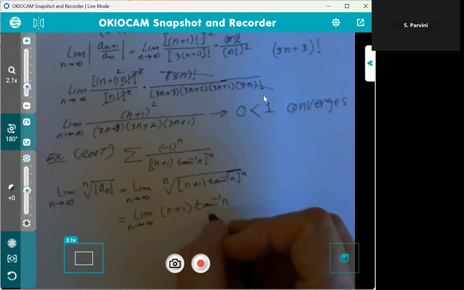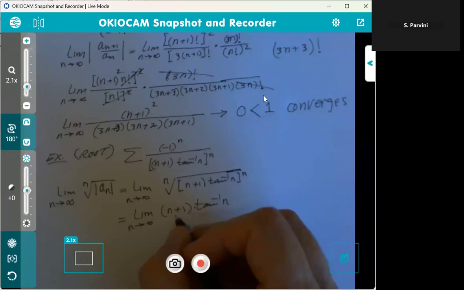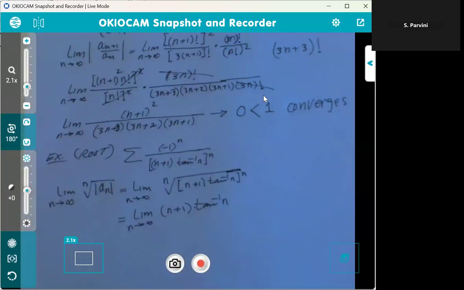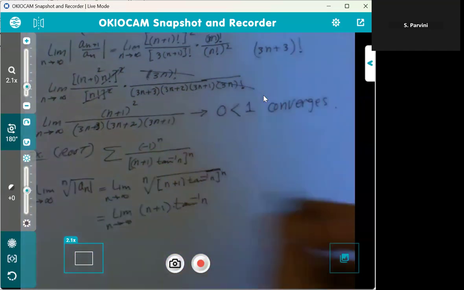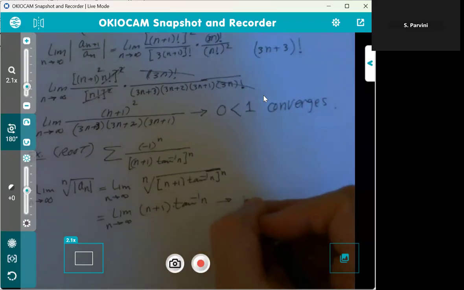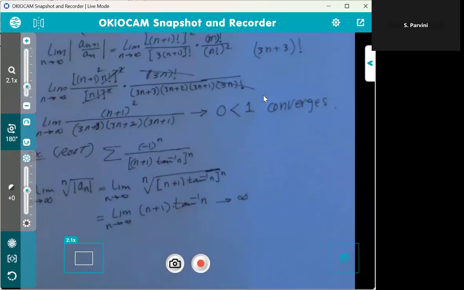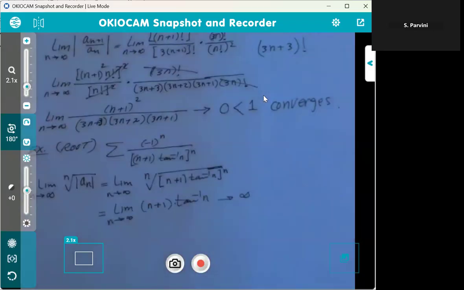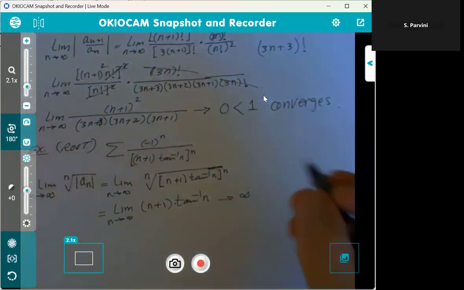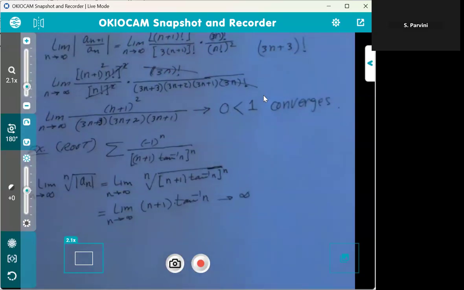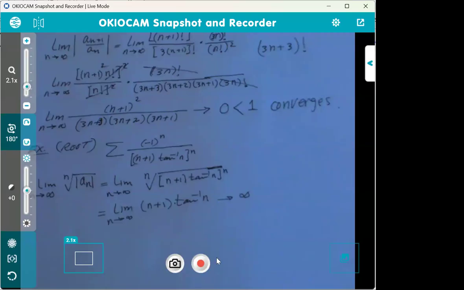And n+1 goes to infinity. So for this one, this limit approaches infinity, which means it's going to diverge, right? And let's check this one.